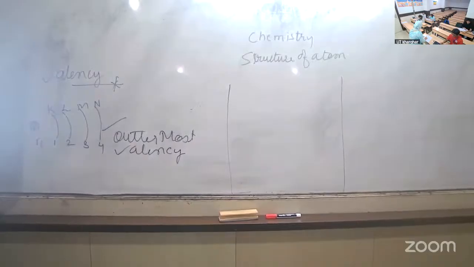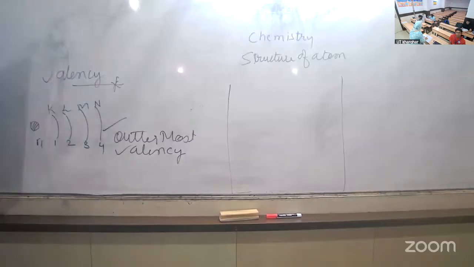Okay. Then magnesium, 2, last column 2. Definitely it will lose these 2 electrons. Then aluminium 3, last column 3. Then silicon 4, last column 4. Phosphorus 5, last column 3. Now see, again the sequence is changed here. 5 and 3.